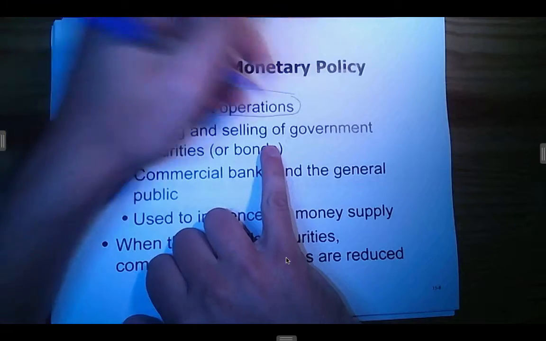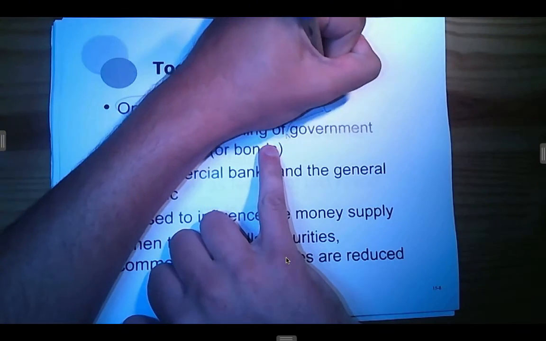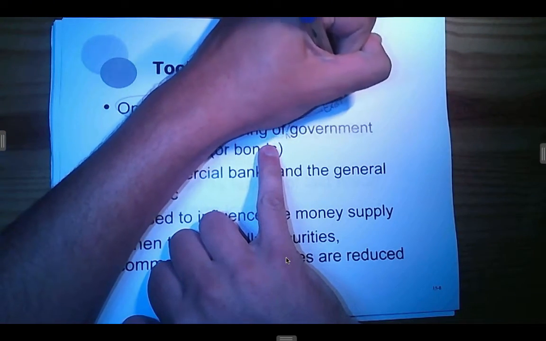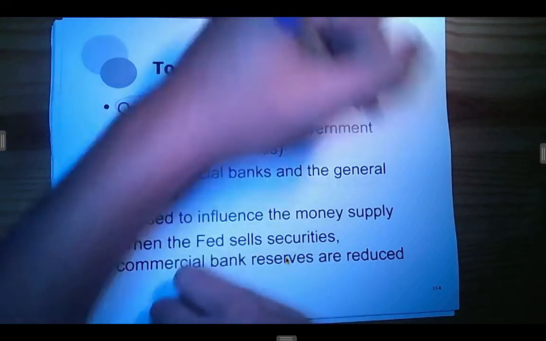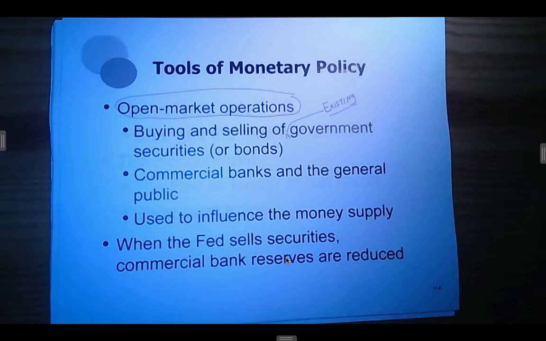That's the buying and selling of existing government securities, or government debt. I need to add a keyword here; I don't know why the textbook neglected to include this. Essentially, the central bank holds a very large amount of government bonds, and it can buy and sell those bonds.